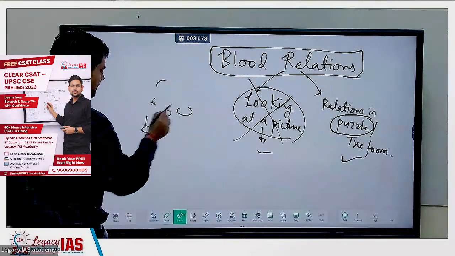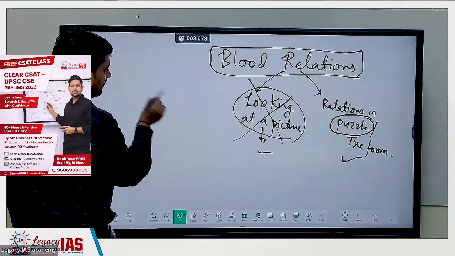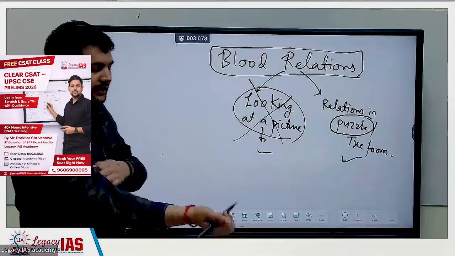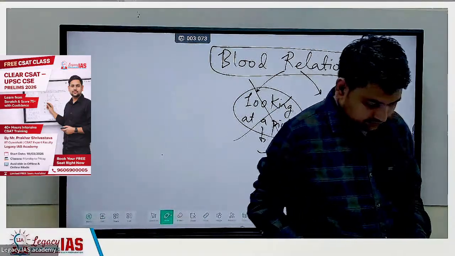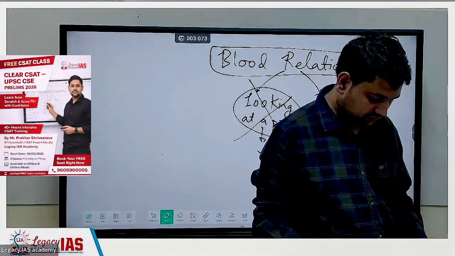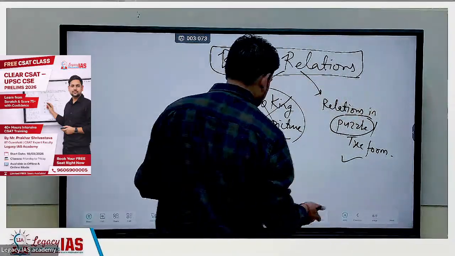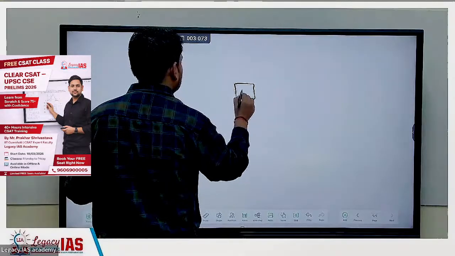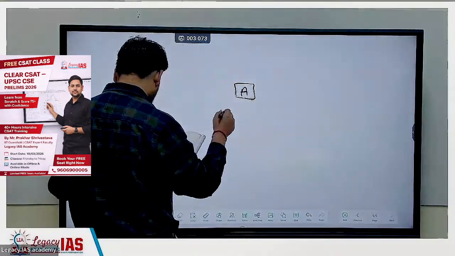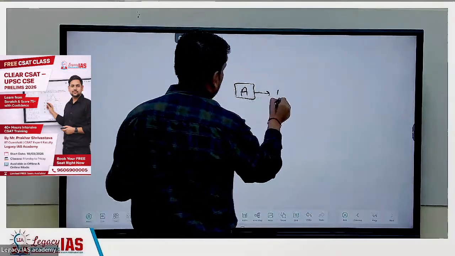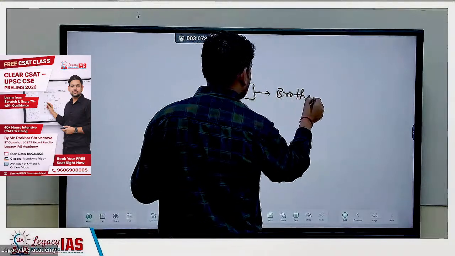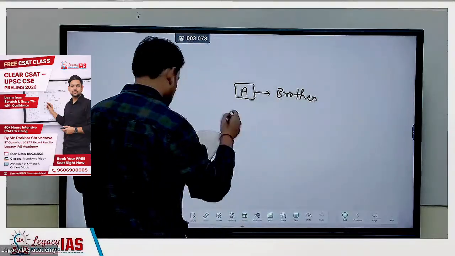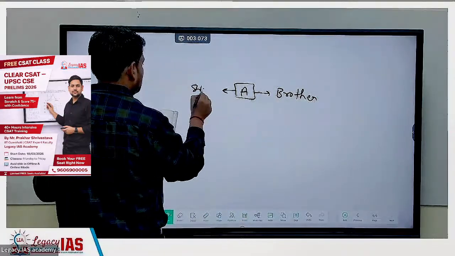These kinds of questions appear in UPSC. First is this. This is general. This is, let's say, A. Some basic relations you must know that I'll be telling you. Brother, okay. Here, let's say sister.